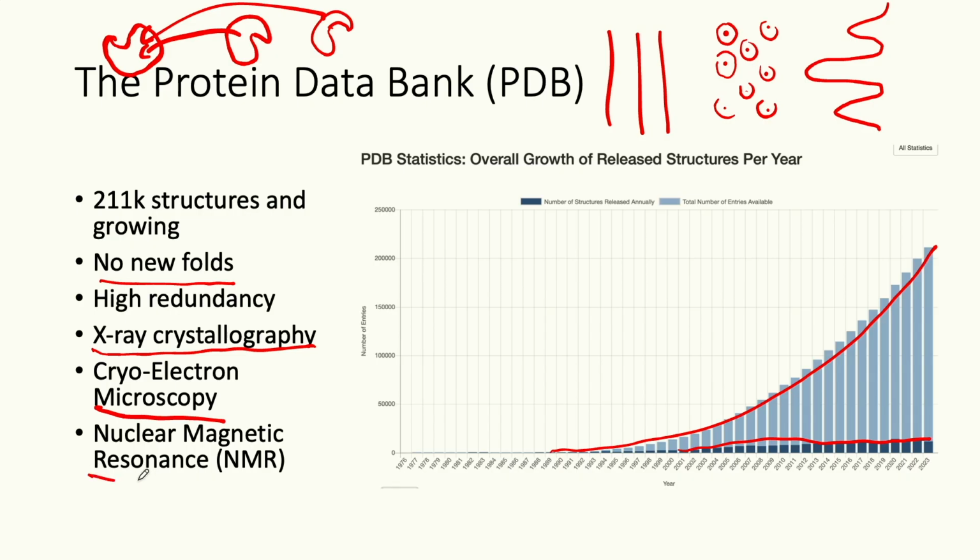Okay, and then lastly, there's nuclear magnetic resonance, or NMR, and this is based on the idea that if you have a magnetic field and you have some atom inside of it, the atom has its own spin, and so it precesses inside this magnetic field. We know what its precession frequency should be. And then this applied magnetic field is not the only field it feels.